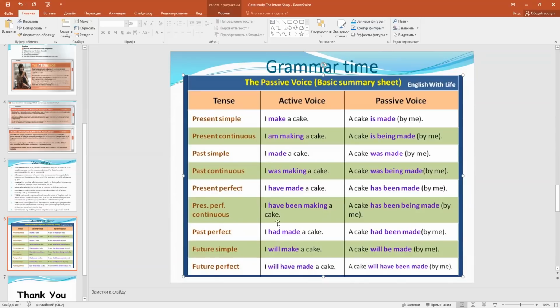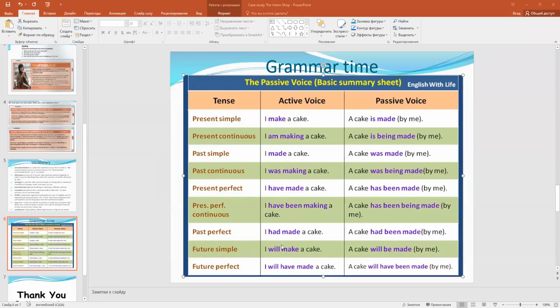You missed the being suffix, which is a key feature of every continuous tense, you know? These buildings have been being built by builders for 2 years. Okay? Did you get this table?